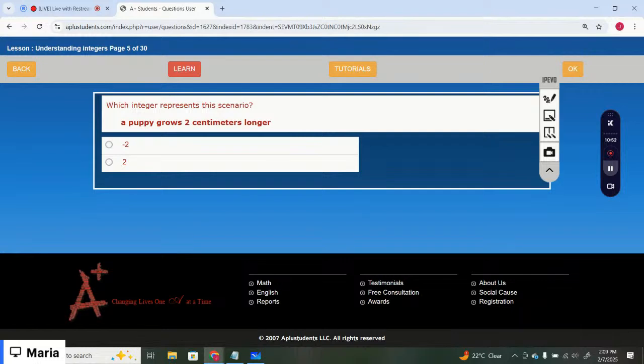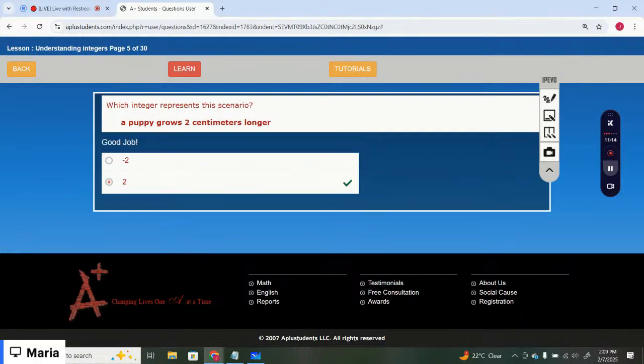A puppy grows 2 centimeters longer. That is growth, right? So growth means it would be a positive number. So that is positive 2.